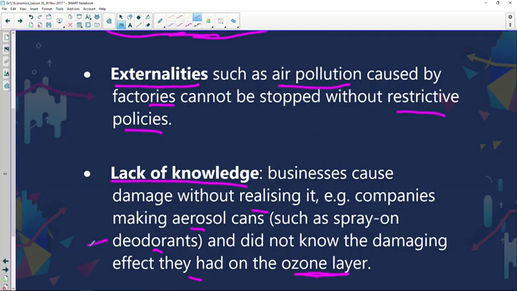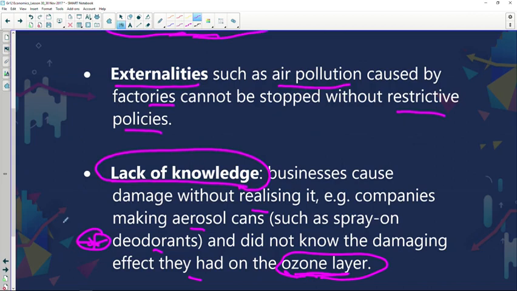So they were just making their product, the cans, but they didn't know that they were actually contributing to the damage that gets done to the ozone layer. So without having the knowledge or the information, you can't know if you are really causing harm to the environment.